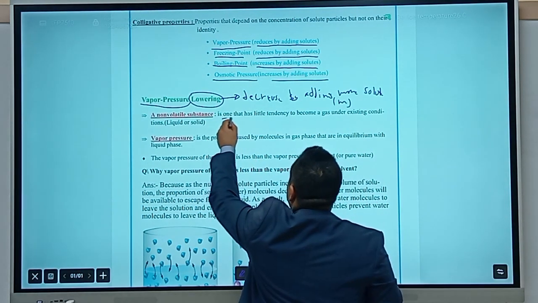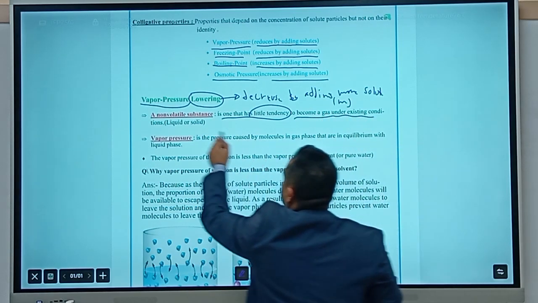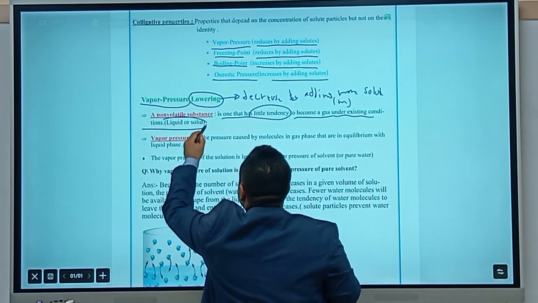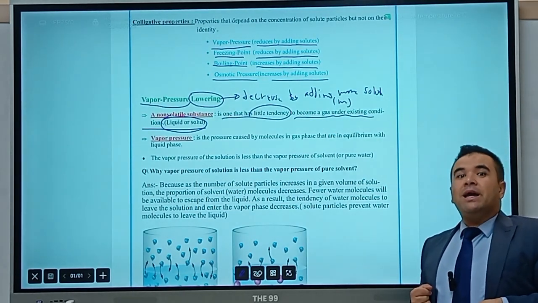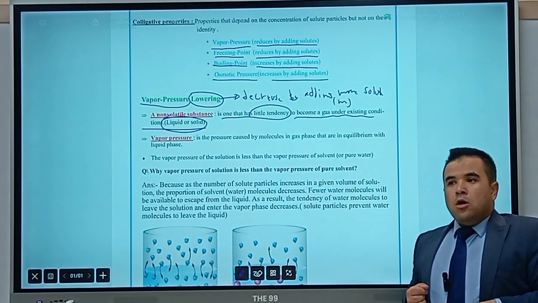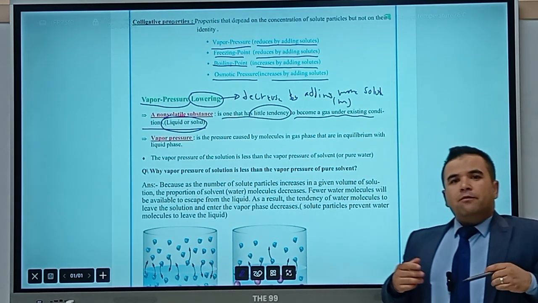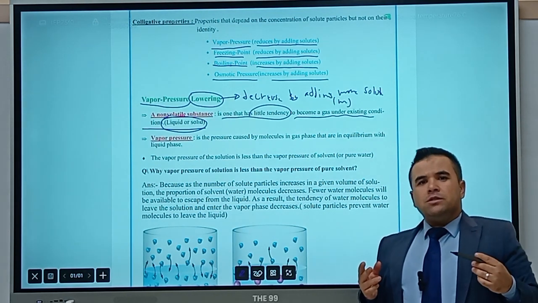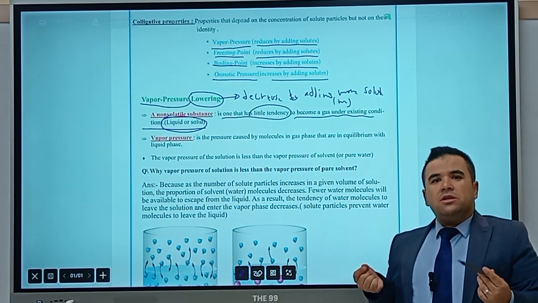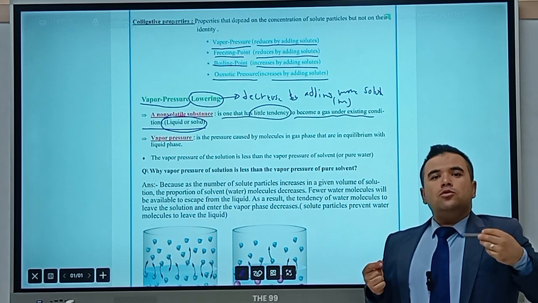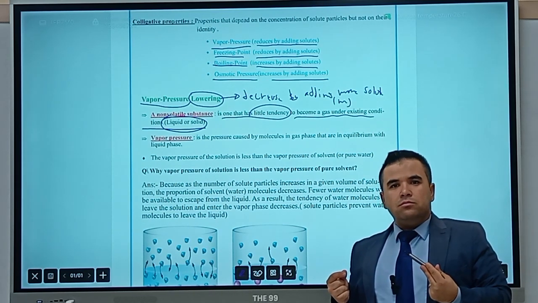It has little tendency to become a gas under existing conditions. It stays as a liquid or solid rather than becoming a gas. And with the non-volatiles, we have volatiles as well. The volatiles are those solutes that vaporize easily in the solutions. They have a high tendency to become gas and escape to the surrounding from the aqueous solution.